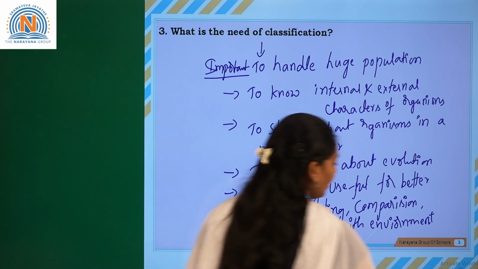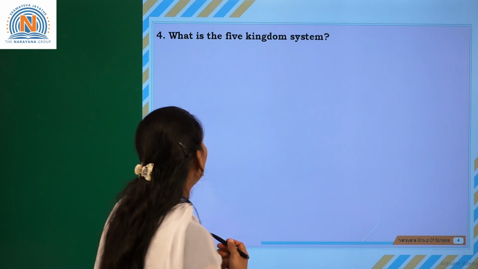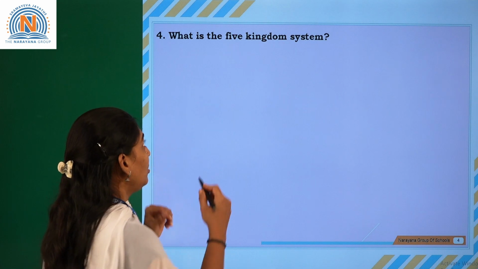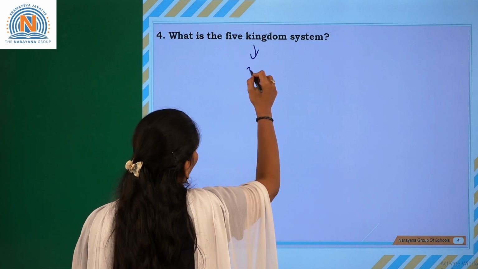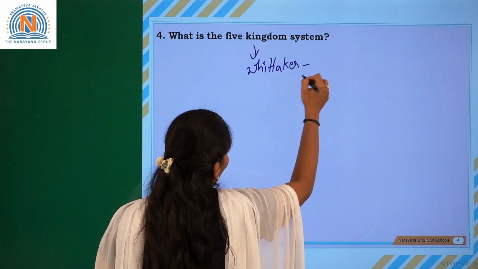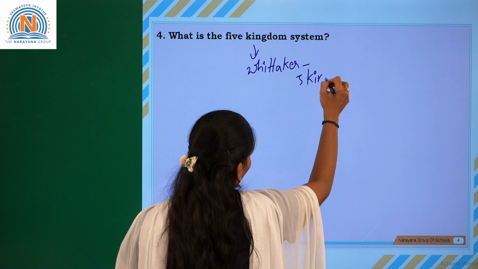Let us go for the next question. The next question is, what is the five kingdom system? This was discovered by Whittaker. Five kingdom classification.